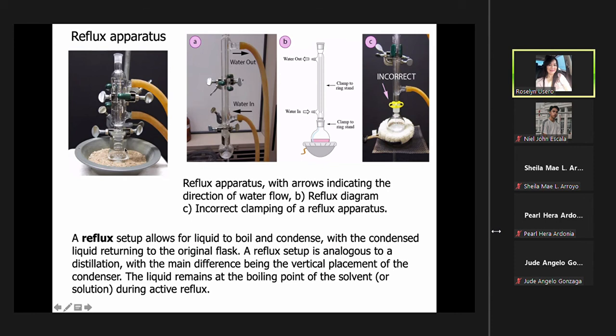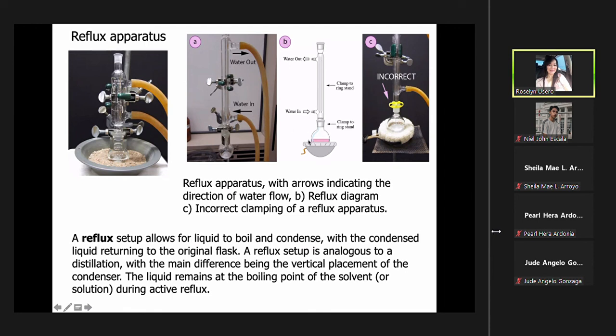One example of the reflux method is the determination of chemical oxygen demand in wastewater. And this is the setup. We have here the water in, water out. Then the solvent just goes back and forth.